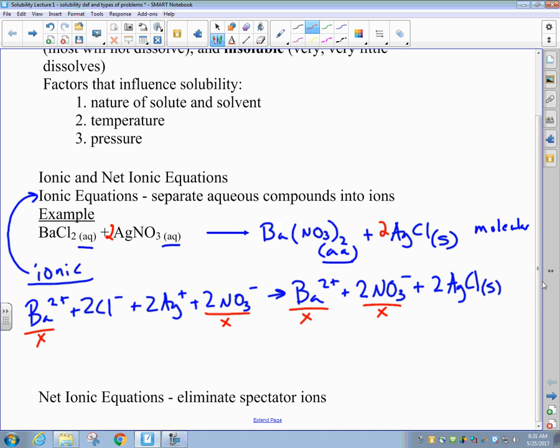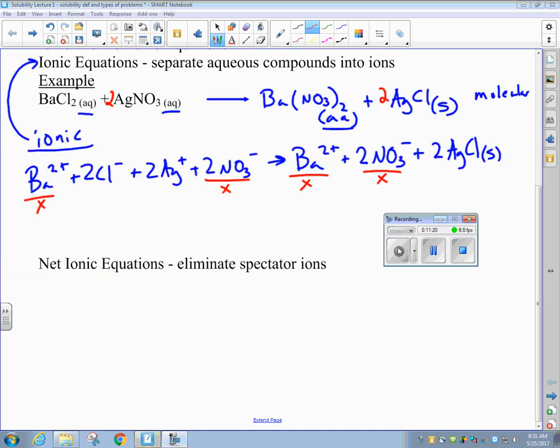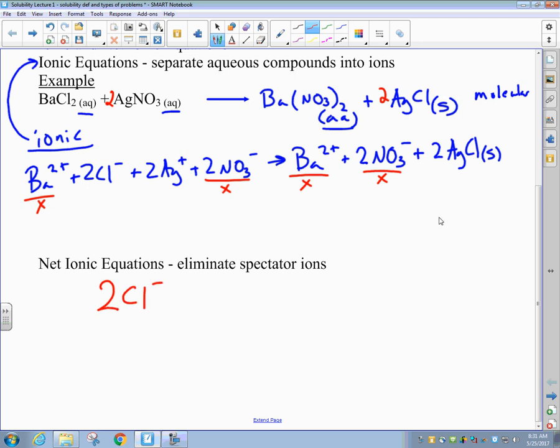So we're going to have 2 Cl negative, 2 Ag positive goes to 2 AgCl as a solid. And both of these are aqueous.